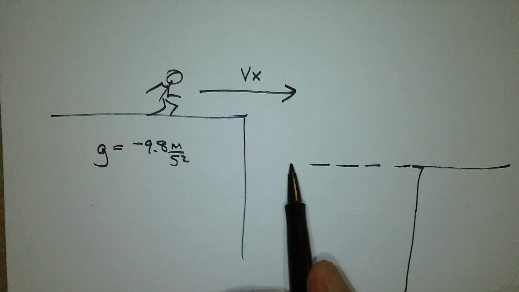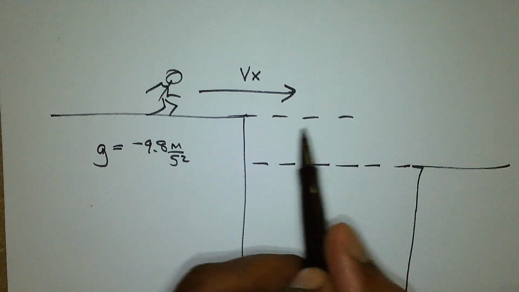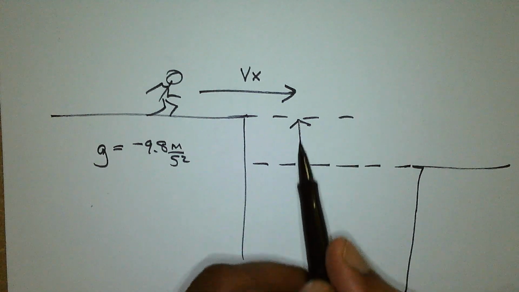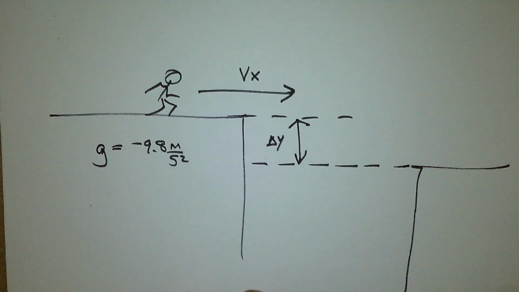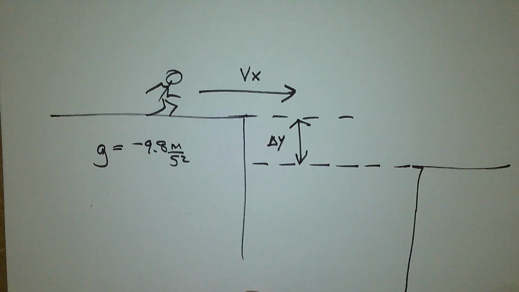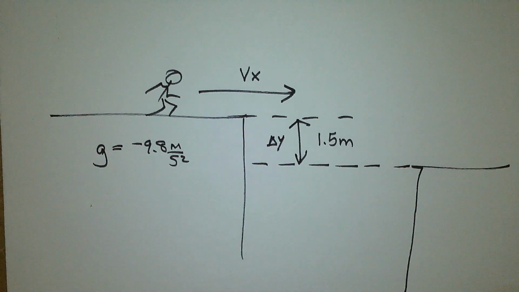Okay, now your drop is from here to here. That's your delta y. Now, let's make that something conservative. Delta y equals 1.5 meters. Easy, okay?